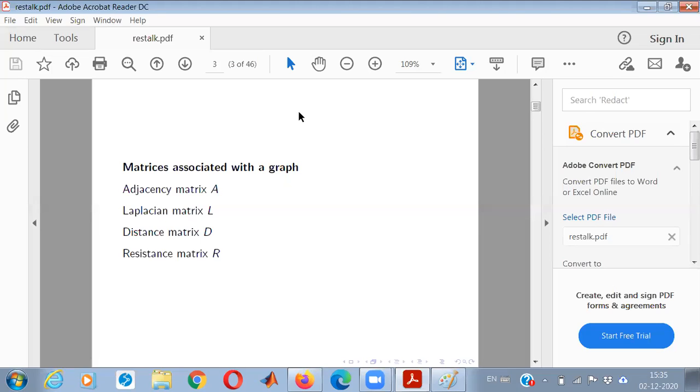There can be weights, but I will not talk about weights that much, but it can be generalized to weighted graphs. Then there is the Laplacian matrix, which I'll explain. It is just the negative of the adjacency matrix plus a diagonal matrix of degrees. Then the distance matrix, where we put the vertex to vertex distance in a matrix form. And then the resistance distance we use to construct the resistance matrix.